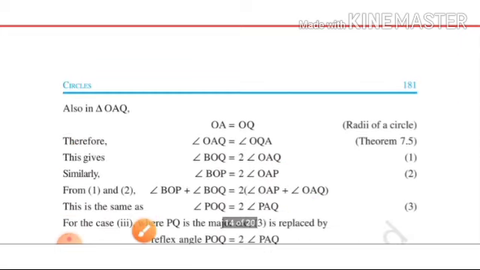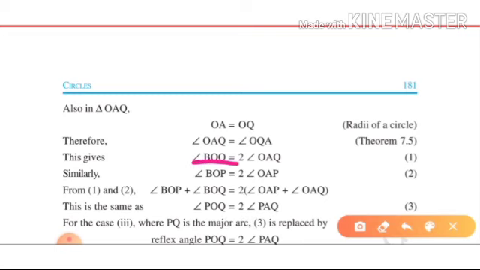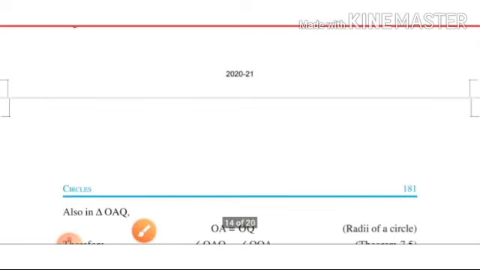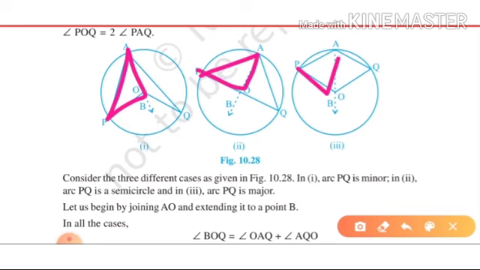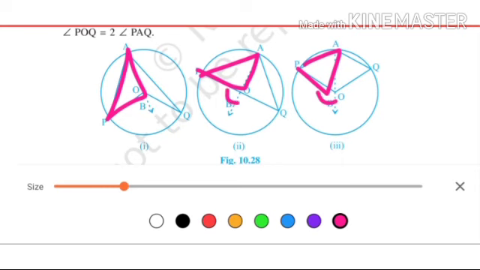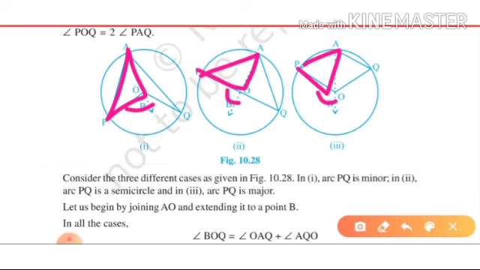What we have taken here is that angle BOQ is equal to double of OAQ, and similarly we can show that BOP is equal to double of OAP. Now same, this will again be the exterior angle of this triangle, so similarly we can show it for this angle also.